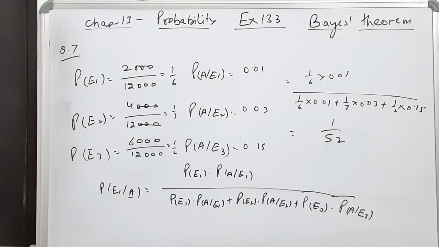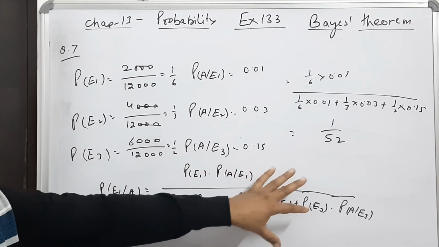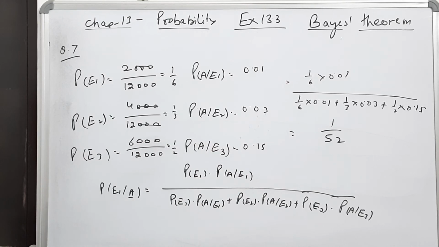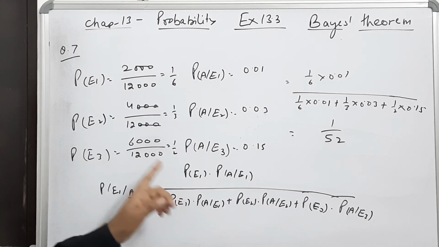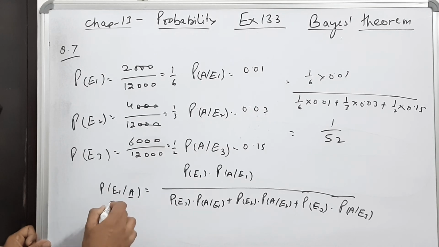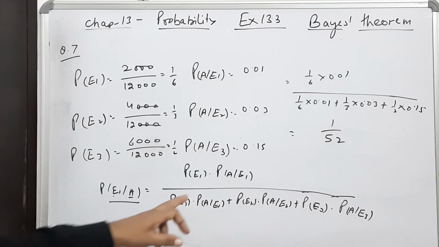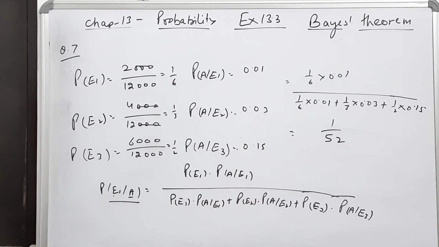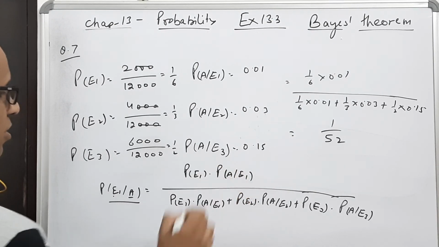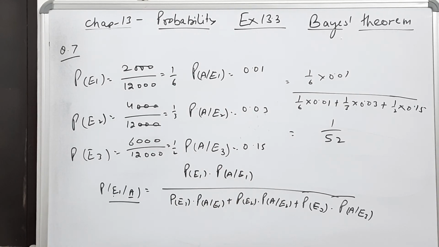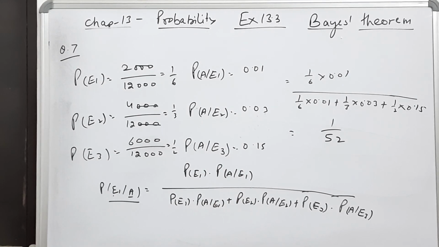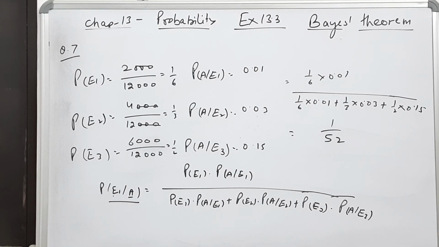That will be the answer for this particular problem. You can simplify. The important part is this formula, which is again and again repeating in all the problems of the Bayes theorem. So you have to write it very carefully. It is P(E1|A) when A has already occurred, and here it is P(A|E1) when E1 has already occurred. That is the basic difference in these formulas. I hope now with the help of these problems you can manage the remaining sums of the Bayes theorem. And this part is very, very important. Please revise it with full sincerity. Thank you.